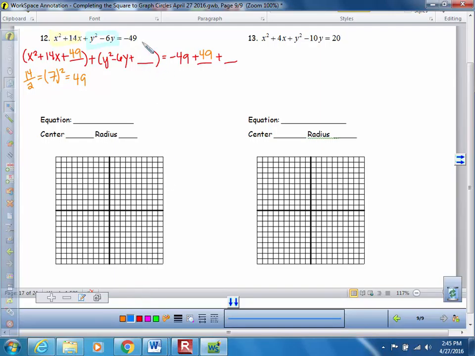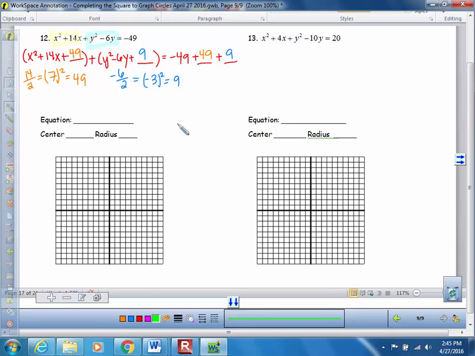Then I'm going to complete the square for my y's. So I take -6. I'm going to divide that by 2, which gives me a -3. I'm going to square that -3, and it gives me 9. So I'm going to put 9 in my blank with my y's, but I'm also going to put it on the right-hand side.